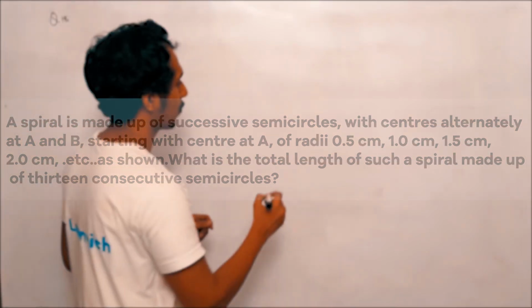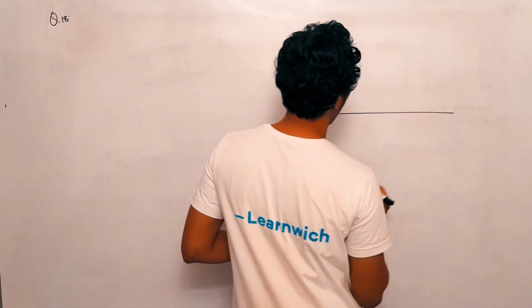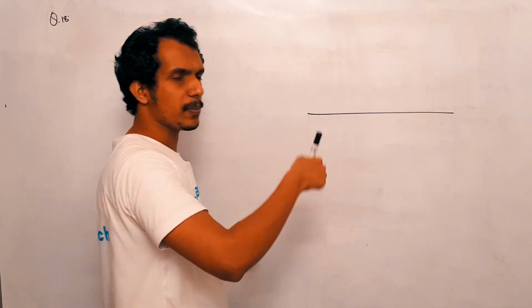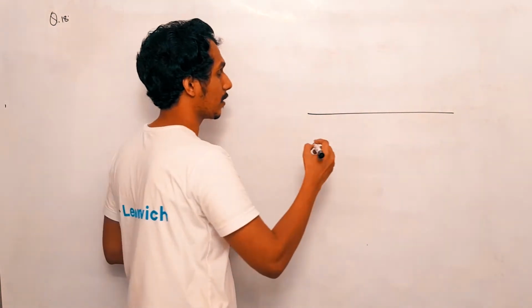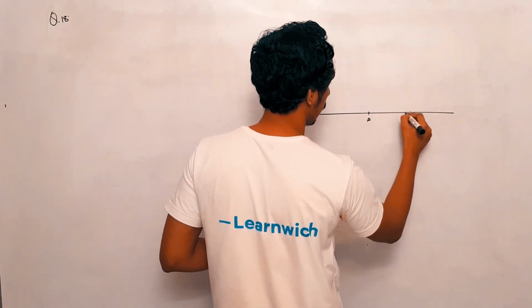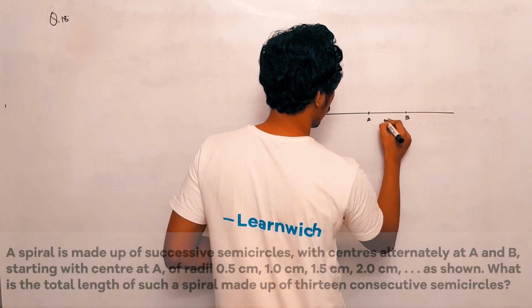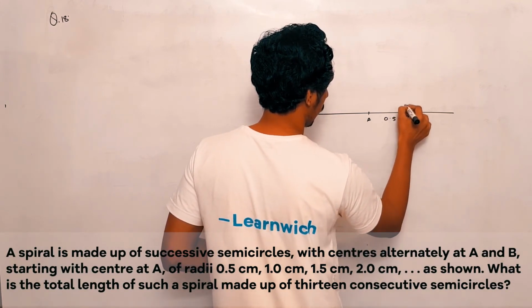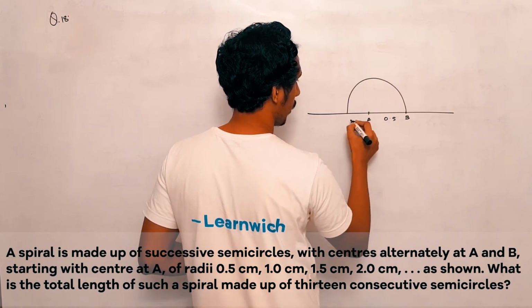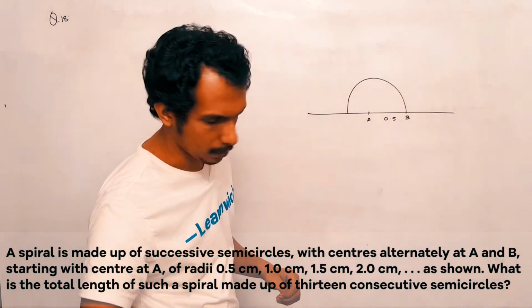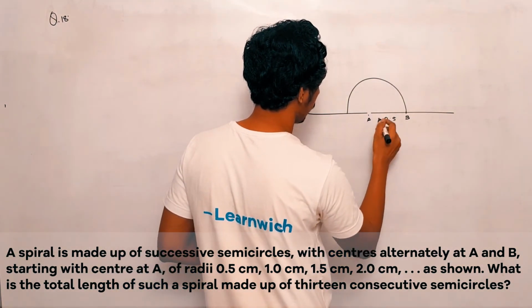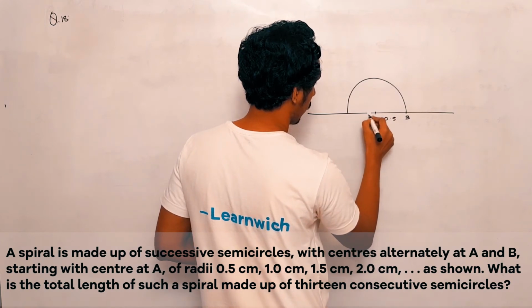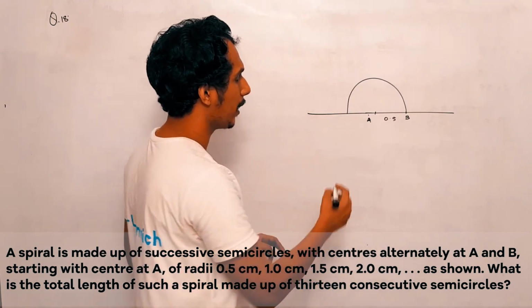So how to solve this problem? It's a spiral made of successive semicircles. If this is A and this is B and the distance is 0.5, that's the radius I'm talking about. This will be one semicircle. It's a small error, I'll make it A here. So semicircle is made.